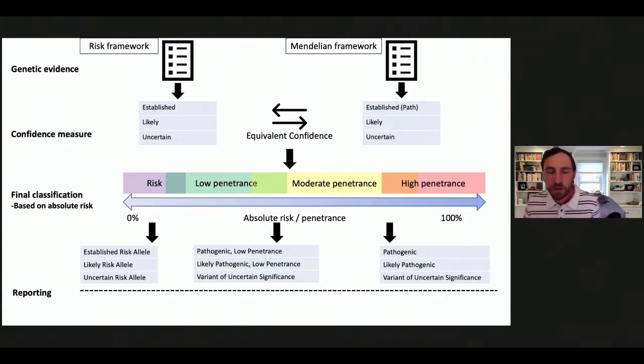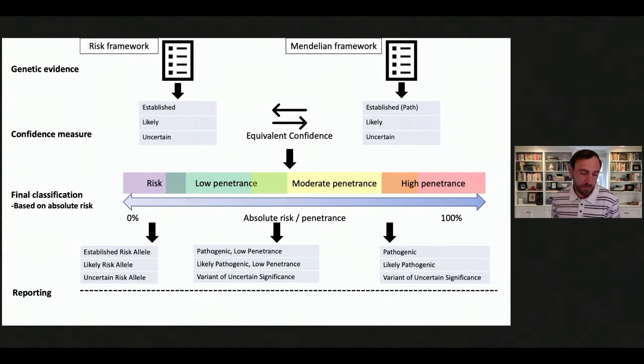The reason we are thinking this way is because we're getting to the stage where for some of these low penetrant variants, there's enough genome and exome data out there that you can start doing case control studies on more and more of them, where typically it's been in the realm of risk alleles that you've been doing these sorts of studies.